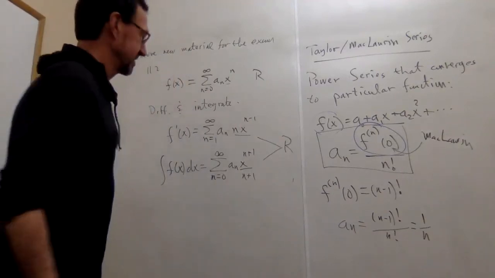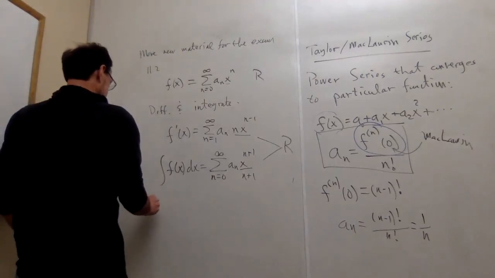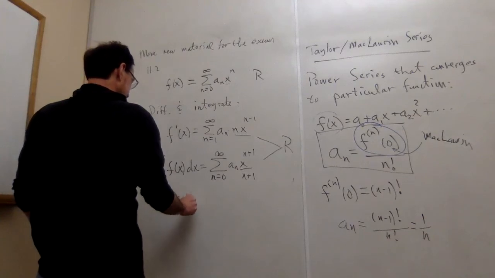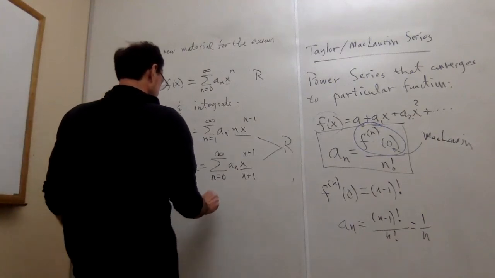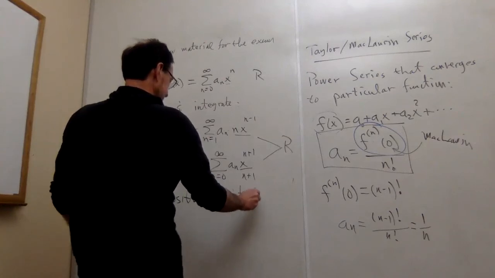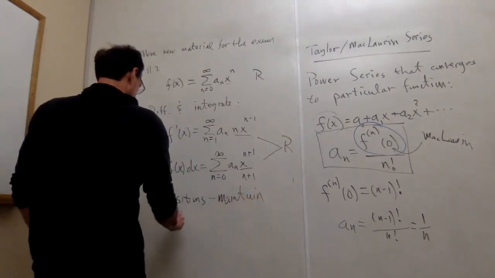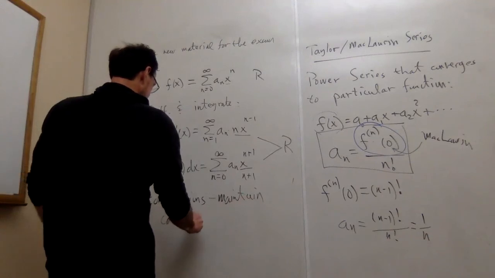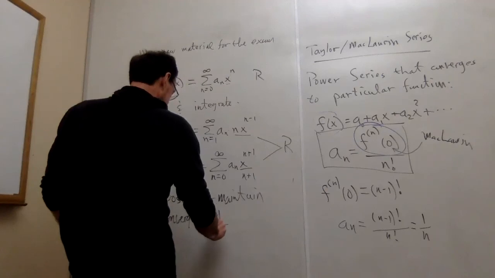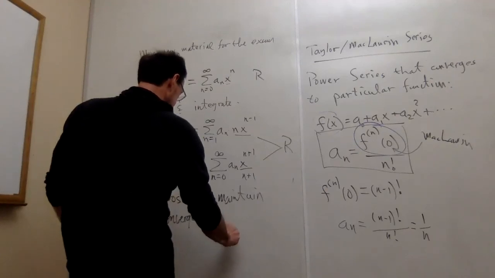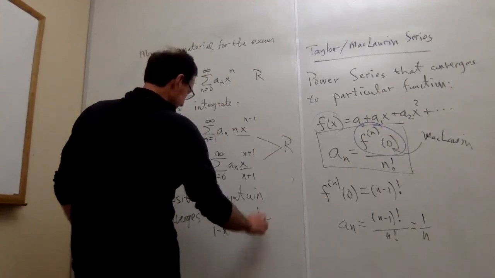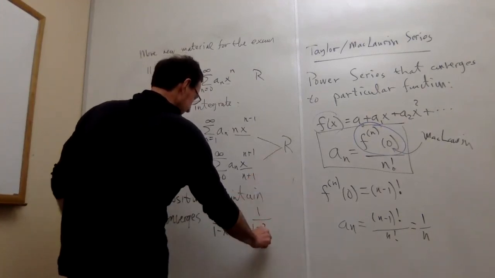And the last thing we talked about is we can do some simple compositions and maintain convergence. Let me give you an idea. We know the power series for 1 over 1 minus x, and we could use it to get a power series for 1 over 1, for example, minus 2x.